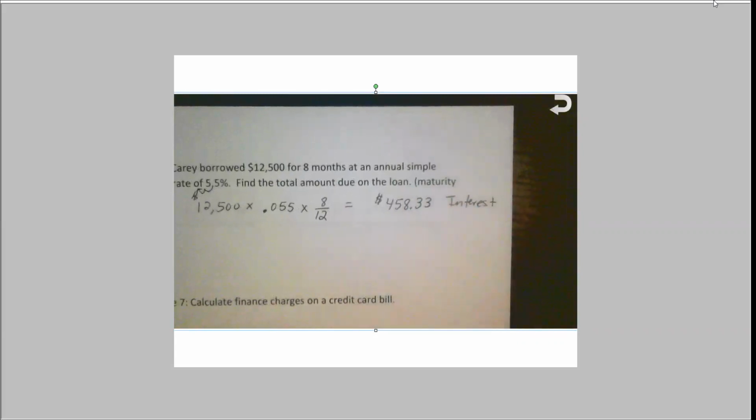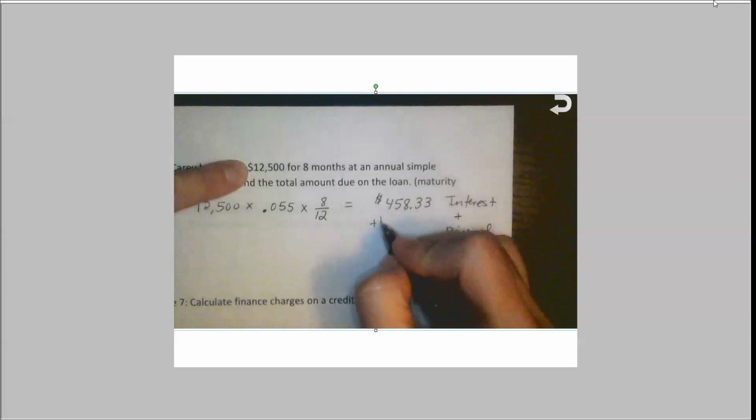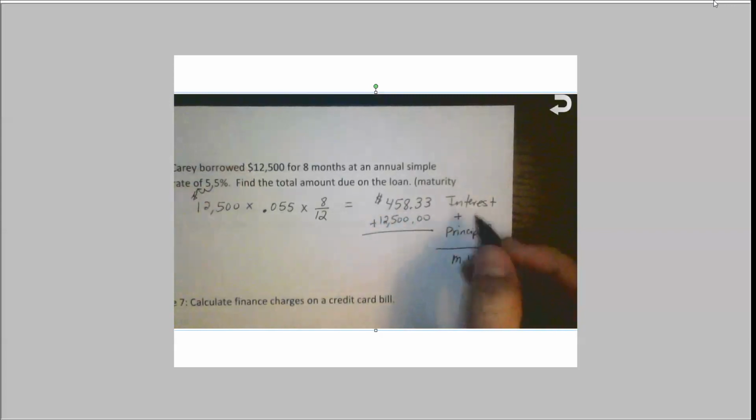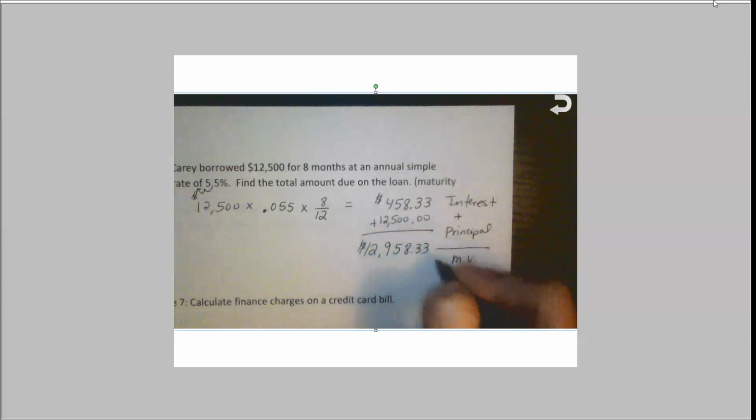Okay. Now I'm going to add that back to the principal so that I can calculate that maturity value. So I'm going to take this number and add it back here to my principal, $12,500. And that's going to give me a total amount of $12,958.33.